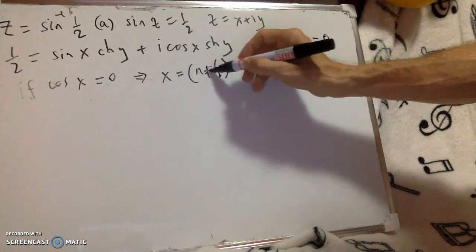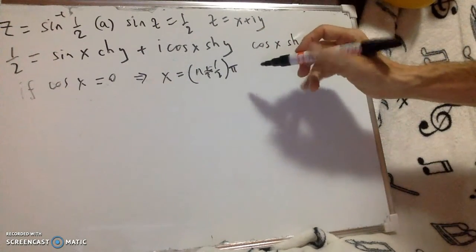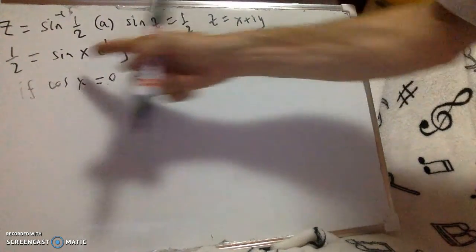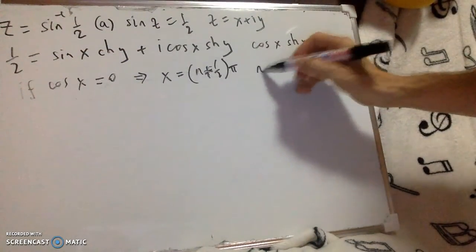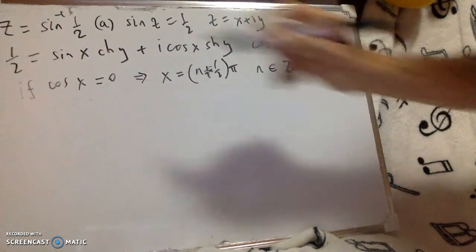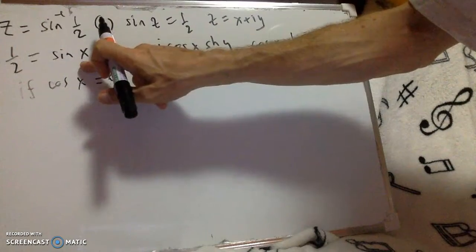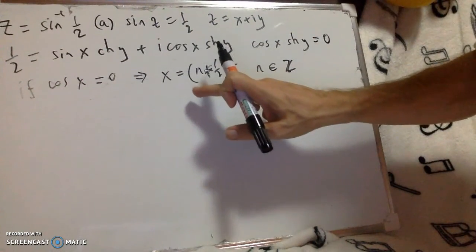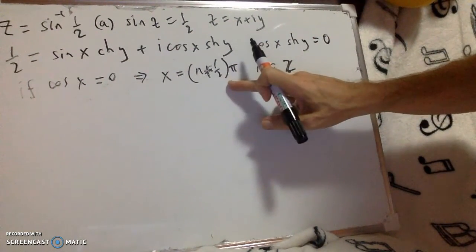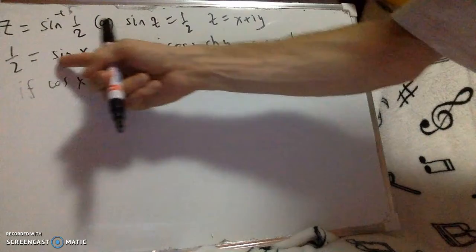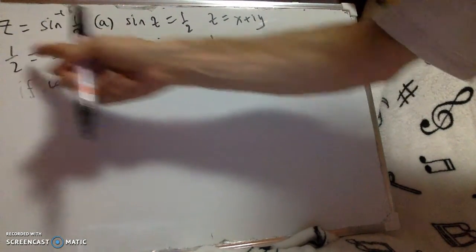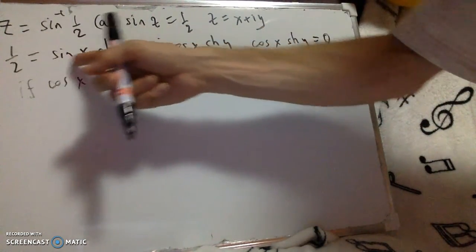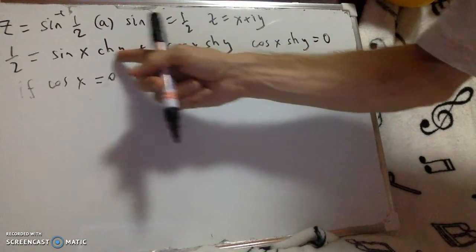Now, if x is equal to n plus a half pi, where n is an integer, that basically means that sine x is going to be plus or minus 1, and that can't happen because when we take the real part of this, we've got a half equals plus or minus cos y.